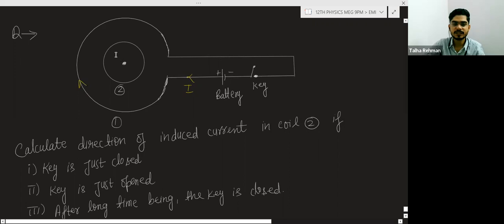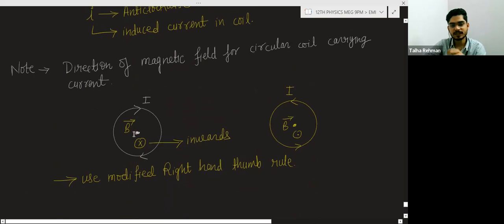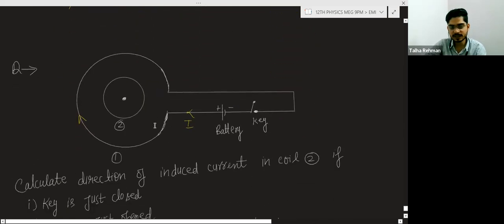Due to this current, there will be some magnetic field at the center, and when you apply the modified right hand thumb rule on this coil, if the current is in this direction, then the magnetic field is inwards.